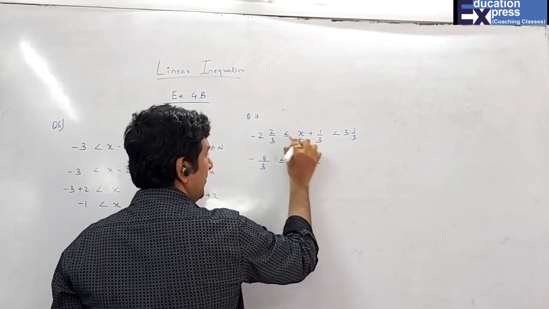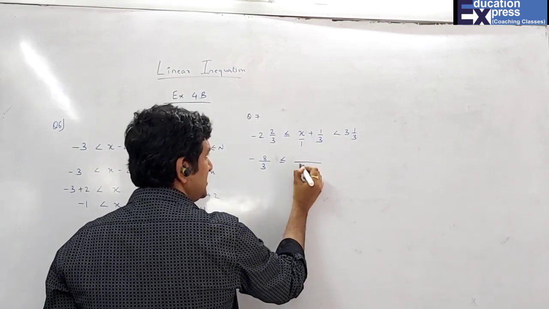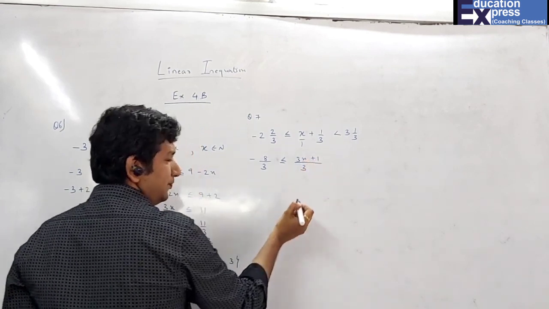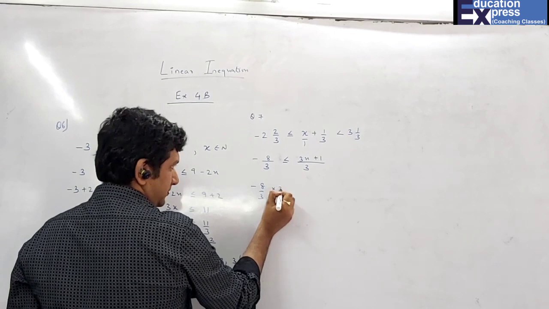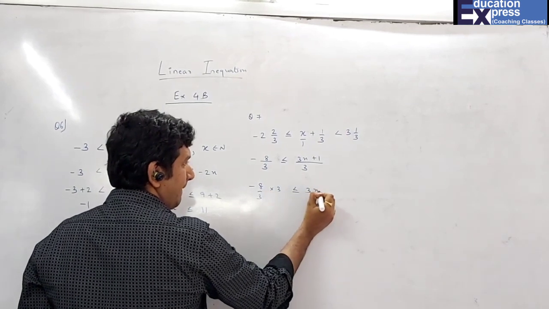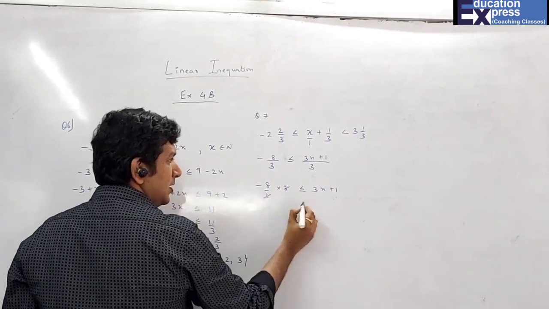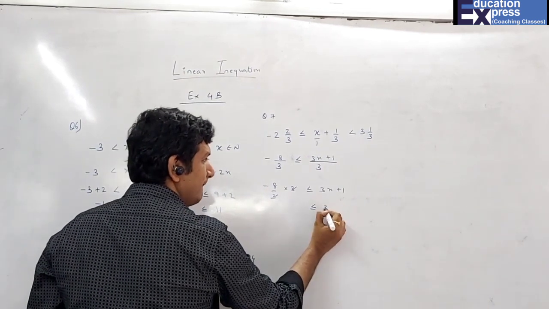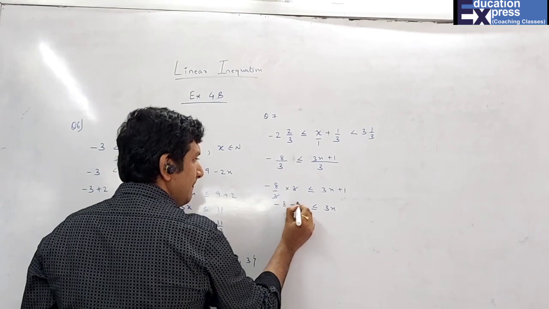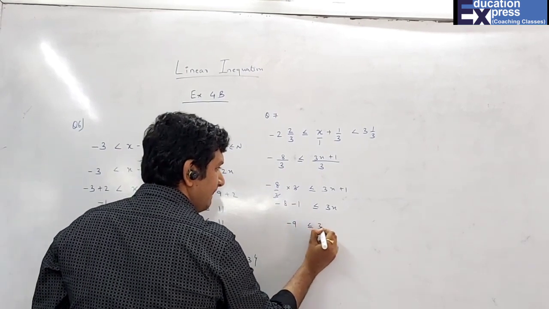Here, one by one I take, there is no LCM, for 3 the LCM is 3, so 3x plus 1. This 3 will come here. Now x is already positive, so plus 1 will come here. It will become -1, so -9.